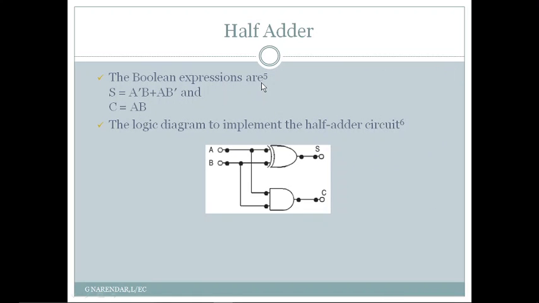So this is the fifth step in the general design procedure. The Boolean expression for the sum function will be A bar B plus A B bar, which is the same as the XOR function, and the carry output function's Boolean expression is the same as the AND function of the input variables, which is A dot B or simply AB.